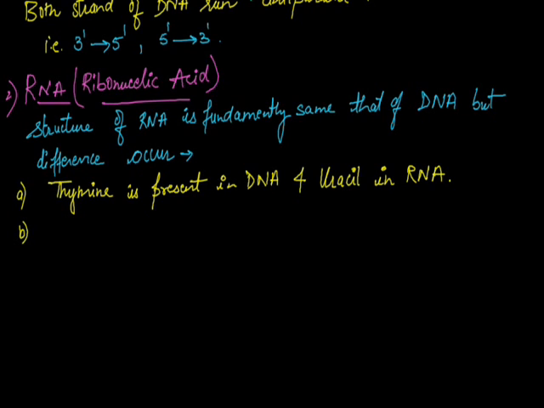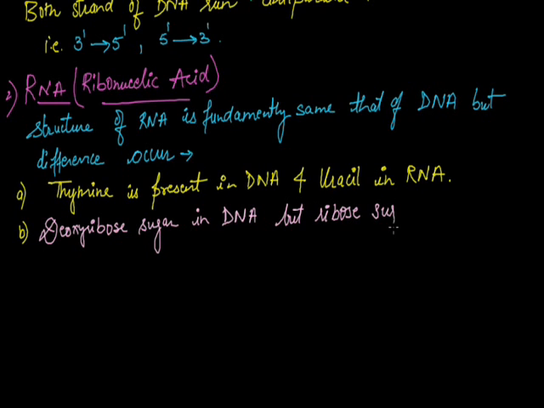The next difference is deoxyribose sugar in DNA, but ribose sugar is present in RNA.